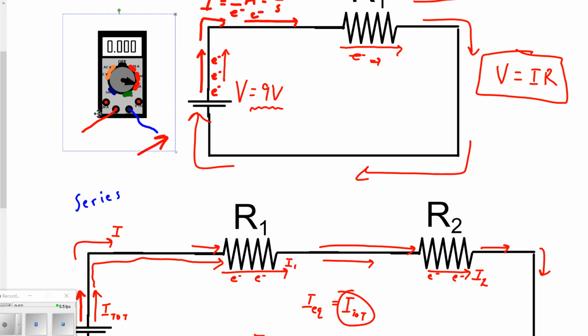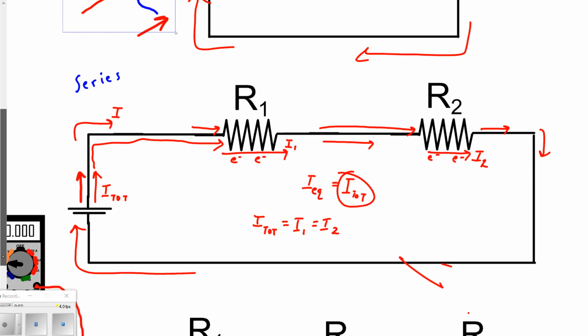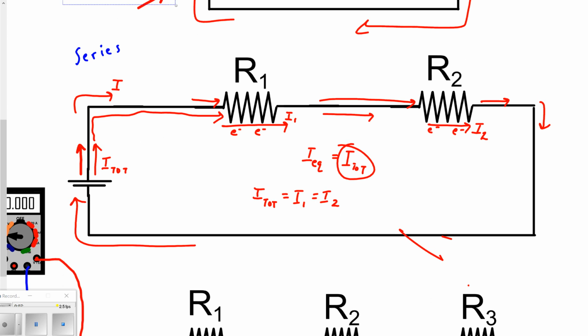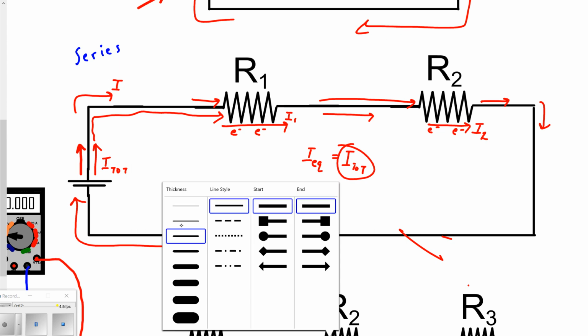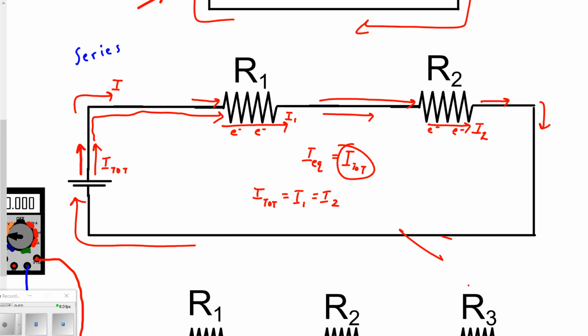All right, so we've got about 3 formulas. We're not going to work anything in this video. We're just trying to get the fundamentals. The other thing is this: what about the resistance? How about the total resistance? The total resistance in the circuit.